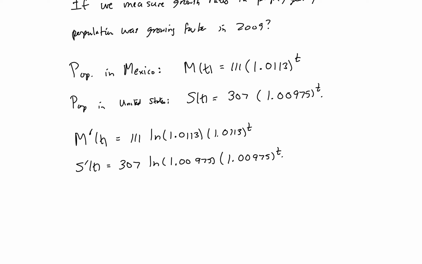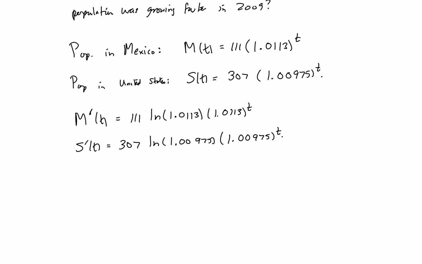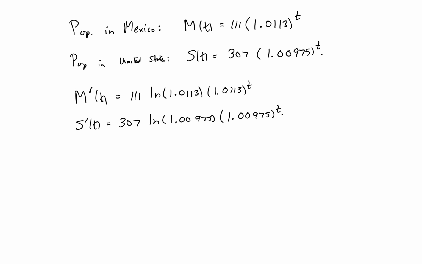So those are the derivatives overall. And now we're asking which population was growing faster in 2009. 2009 corresponds to when t is equal to 0 based upon how we set this up. So we want to compare m prime of 0 and s prime of 0.